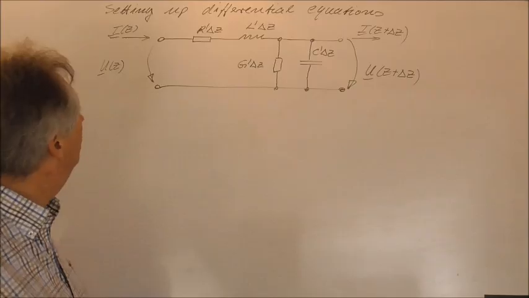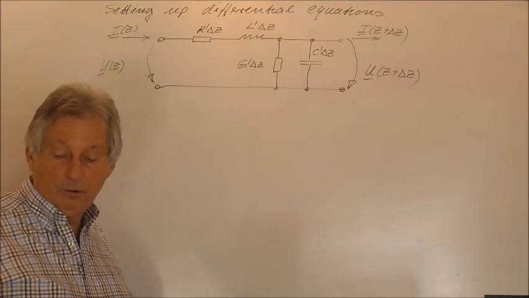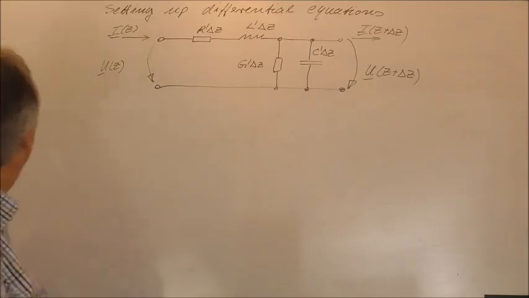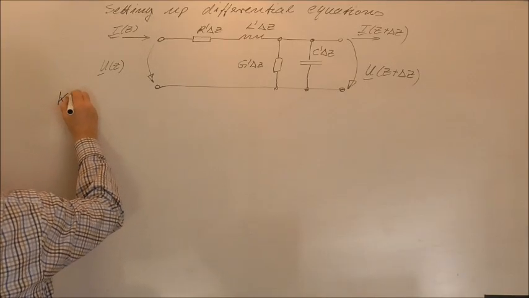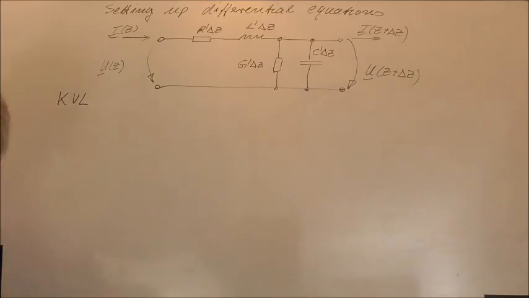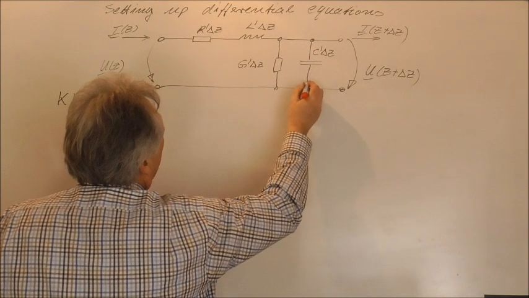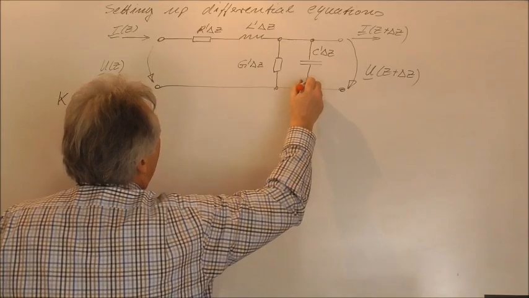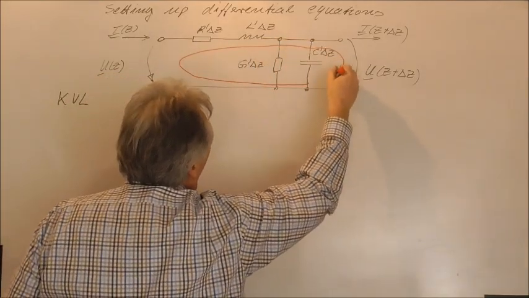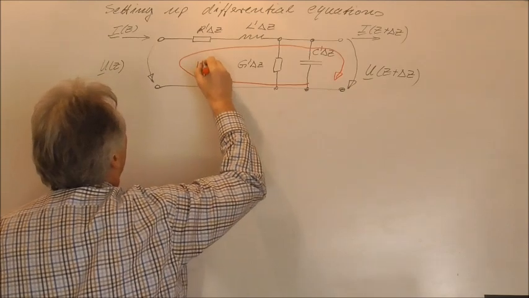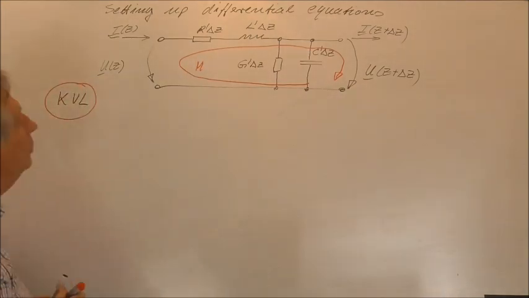And what we have to do is now to apply Kirchhoff's law, and in the first step we will apply Kirchhoff's voltage law, KVL, which results in the definition of a mesh equation. I define here a mesh, we call this mesh M, and apply here Kirchhoff's voltage law.